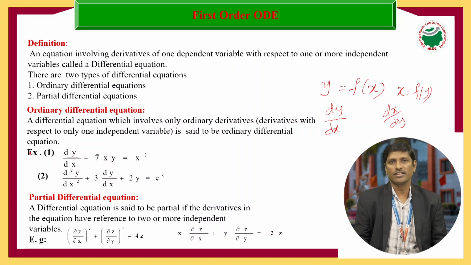Here, first see the definition of a differential equation. In the name itself, it is an equation. An equation involving a dependent variable and its derivatives with respect to one or more independent variables is called a differential equation. In that equation, the things that have to be there are the dependent variable, the independent variable, and derivatives, with one or more independent variables. Then we say that it is a differential equation.